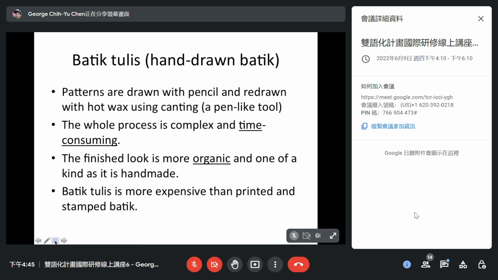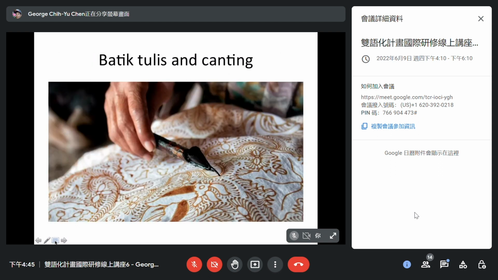And because it's so intricate, many collectors are going after batik tulis. So next I show you batik tulis and the canteen. Remember that pen, the pen-looking tool that they use to draw the wax on the fabric. And you can see how time-consuming and complex it can be.